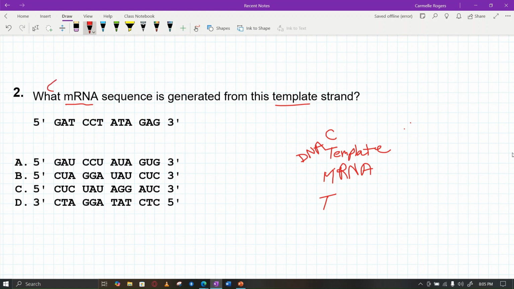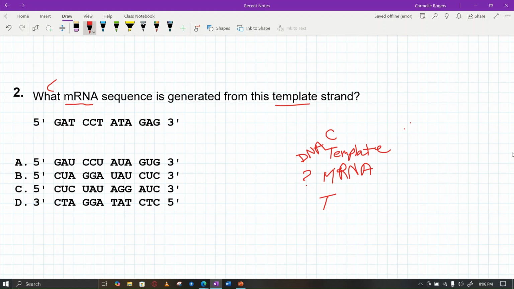And that's what we're looking for. They give us template, and we're solving for RNA, mRNA. So we can put a little question mark by our mRNA because that's the one we are solving for. Now, template compared to mRNA would be complementary. Remember, every time we go down one level, it's complementary. If we go down two levels, it would be identical.